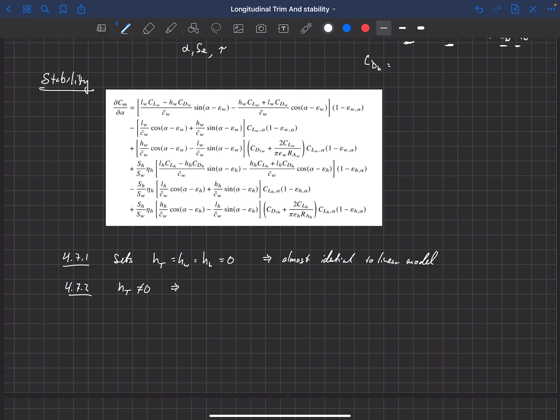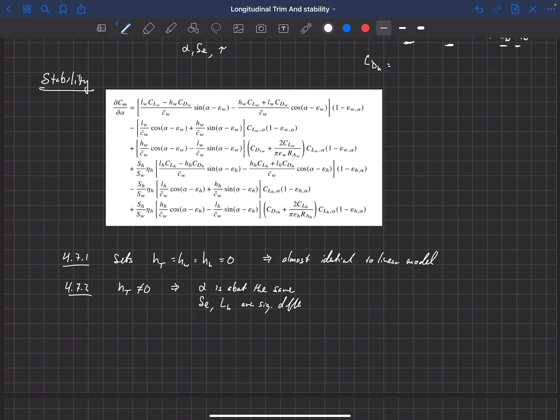So the angle of attack between the linear model and our new model is about the same. So our trim angle of attack doesn't really change, but delta E and the lift on the horizontal are significantly different.